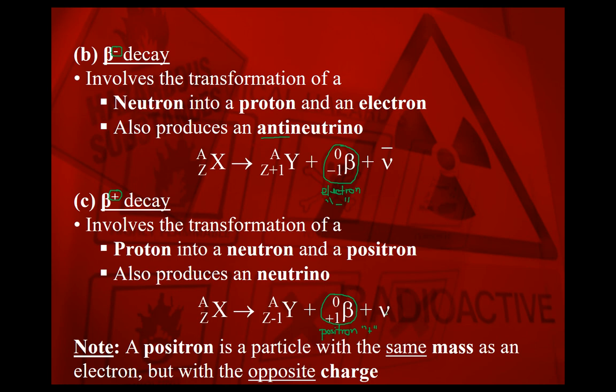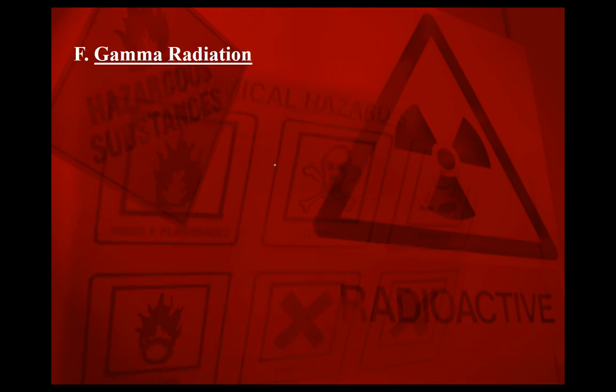The conversion from the parent isotope to the daughter isotope is just a matter of making sure that conservation of nucleons and charge is upheld. I'll do some examples of these different decay processes at the very end. But first, we're just going to quickly talk about gamma radiation.